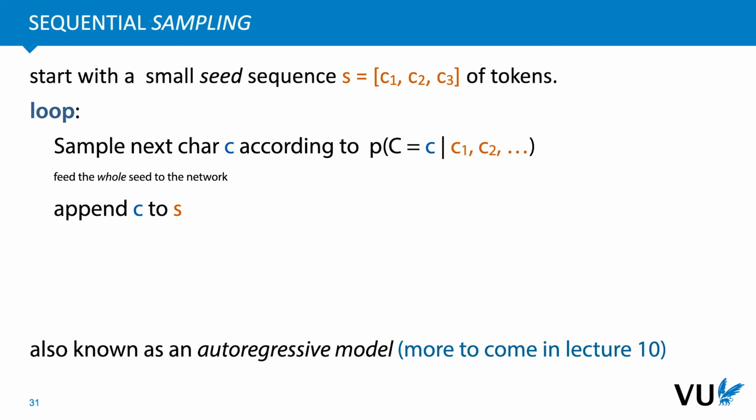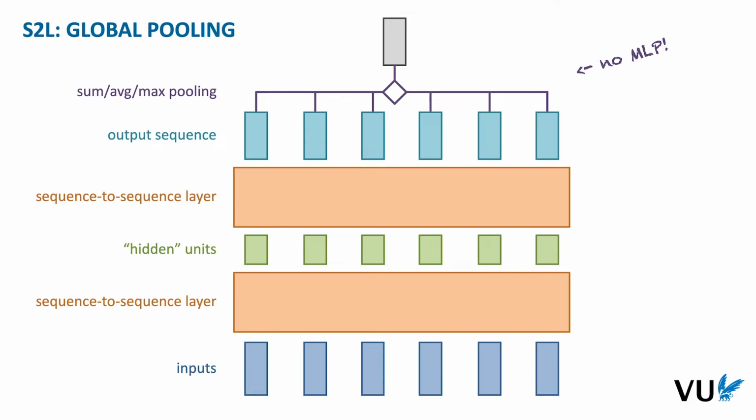Now to other model configurations. What if we want to do regression or classification? So sequence to label. A very simple way to achieve this is to do global pooling. So we start with a sequence of inputs, we feed it through several sequence-to-sequence layers, we get an output sequence, and then we simply apply a pooling operation across the time dimension.